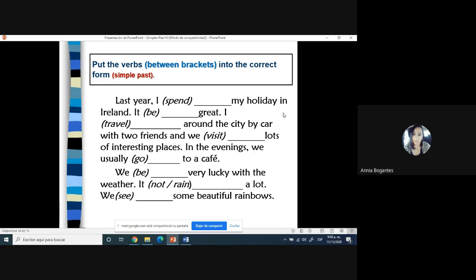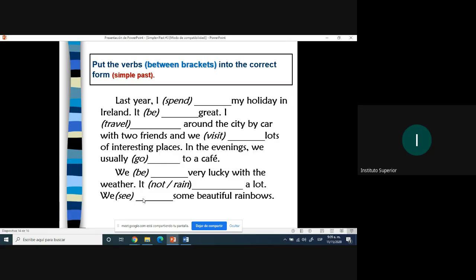Visited. Exactly, very good. That's the pronunciation. We visited lots of interesting places. In the evening, we usually went to a cafe. We were very lucky with the weather. It didn't rain a lot.